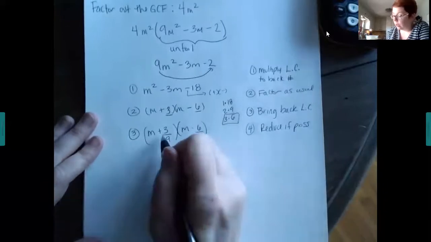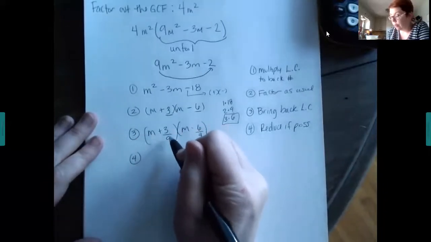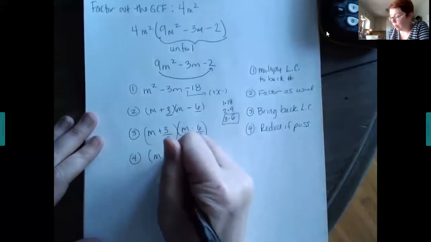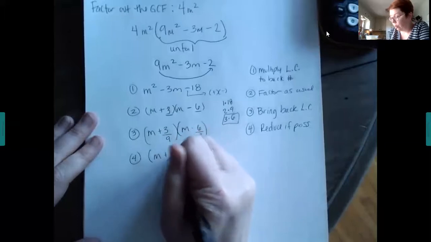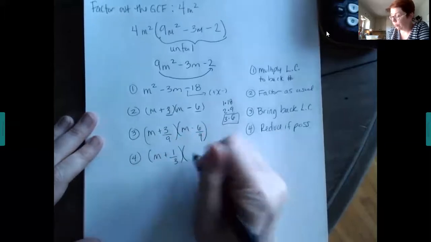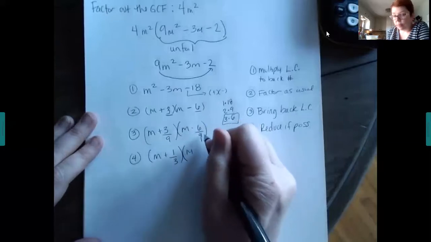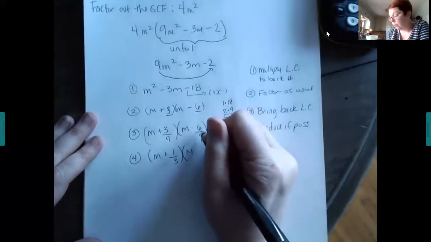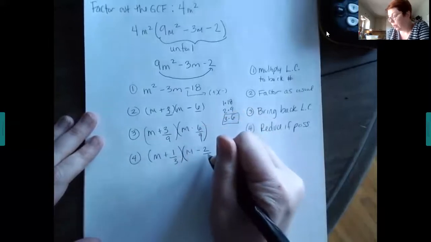Okay, so here, 3 and 9, well, I can divide 3 by 3, and I can divide 9 by 3. So that leaves me with 1 over 3. Here, I can divide 6 by 3 and 9 by 3. So 6 divided by 3 is 2. 9 divided by 3 is 3.